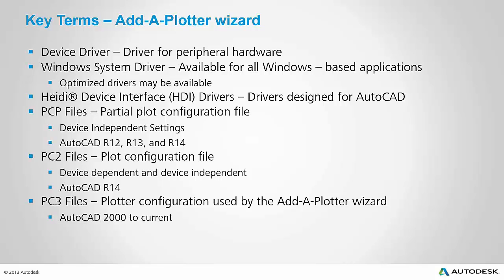With AutoCAD Release 14, a device dependent, although it was also device independent, plot configuration file was introduced. This was the PC2 file. And the PC2 file allowed you to configure settings specifically for one plotter or for a generic use of plotters. So you were able to use it in a not so limited fashion as the PCP file.